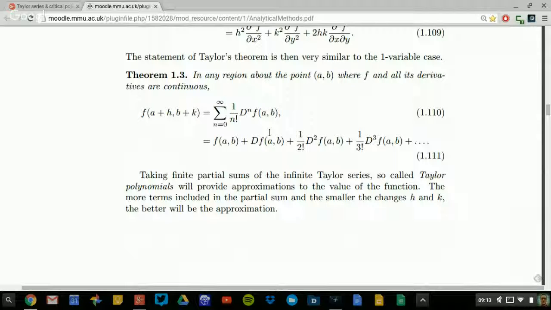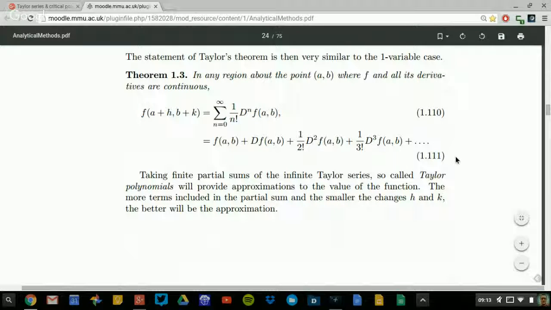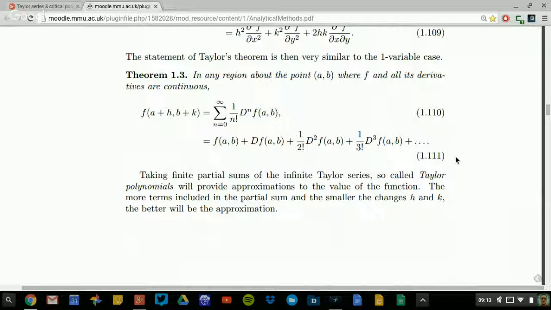And again, we have that factorial scaling at the front. It's 1 over n factorial at each stage. So if you looked at the first few terms of that series, again, this looks similar to what I wrote down on the page for the single variable case. f(a, b) plus D applied to f at (a, b) plus 1 over 2 factorial times D squared f at (a, b), and so on.